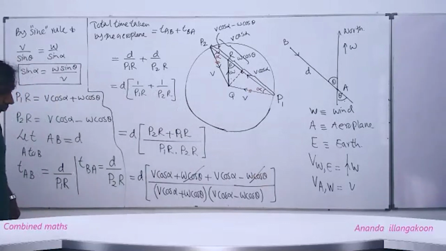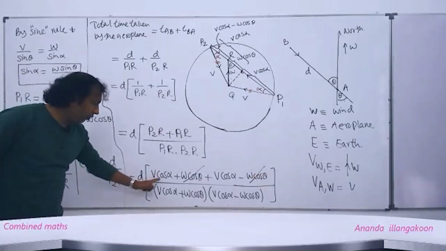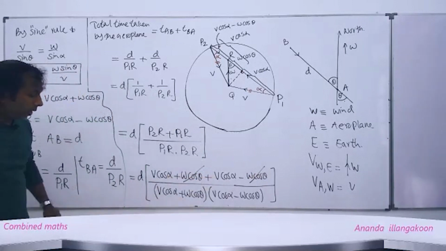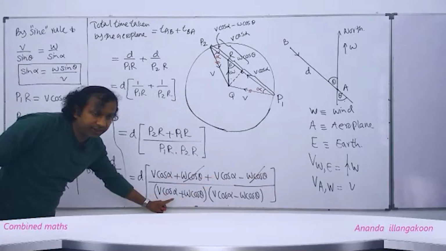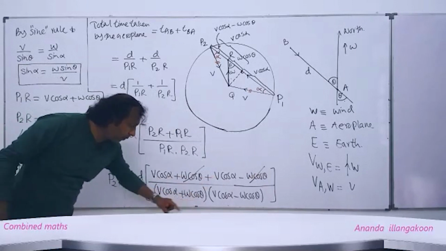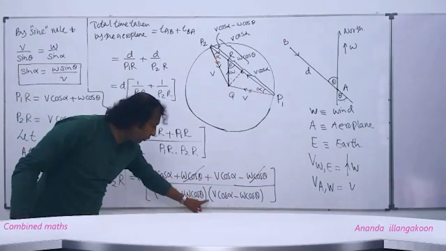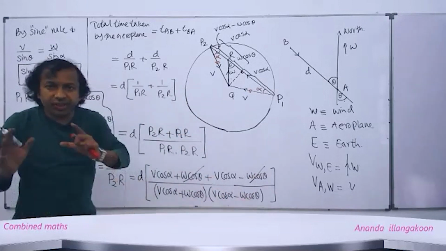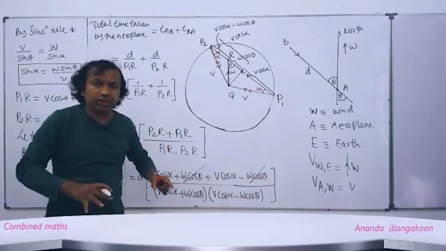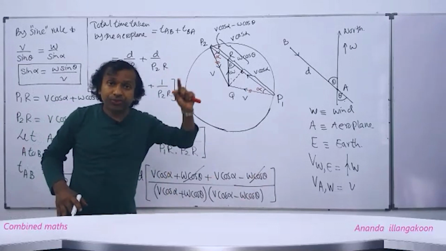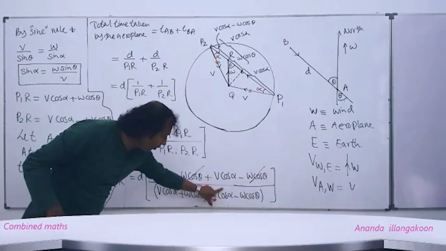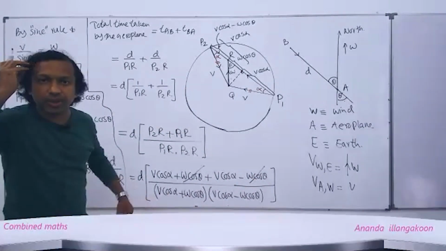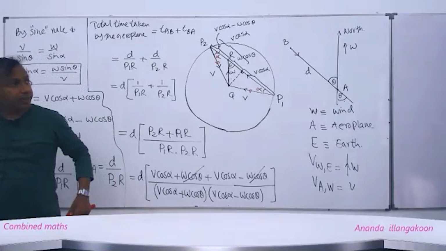So what do you get here? V cos alpha plus V cos alpha is 2V cos alpha. Here what do you have? This bracket is like A plus B into this bracket like A minus B. What is A plus B into A minus B? It is A squared minus B squared. So the square of this minus the square of this is the difference of two squares. Okay, right? We'll mark that.